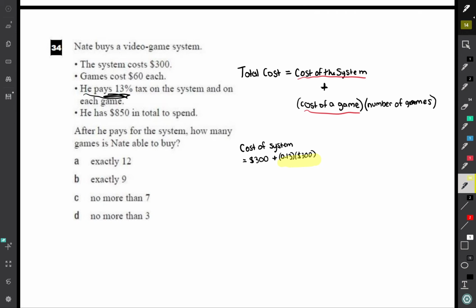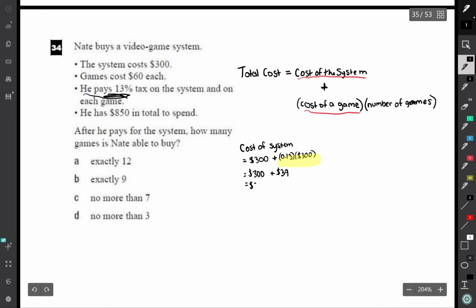So that's going to give me 300 plus, 0.13 times 300 is 39. So the cost of the system is $339.